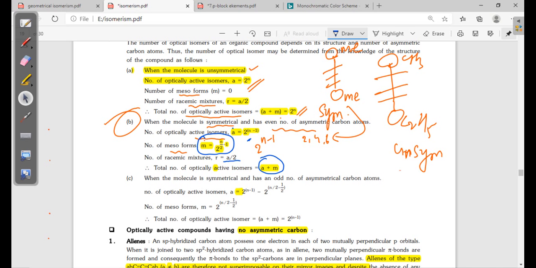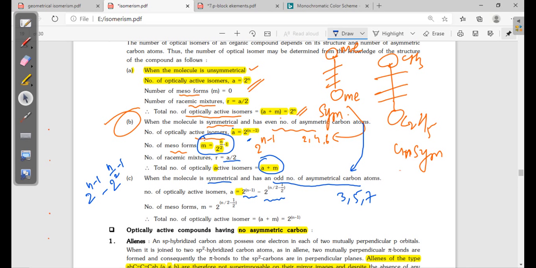Now, when the molecule is symmetrical and has an odd number of asymmetric carbons, 3, 5, 7 asymmetric carbons, then the formula is A equals 2 to the power of n minus 1 minus 2 to the power of n by 2 minus 1. Okay, see how to remember.